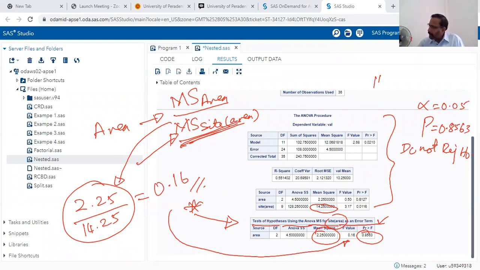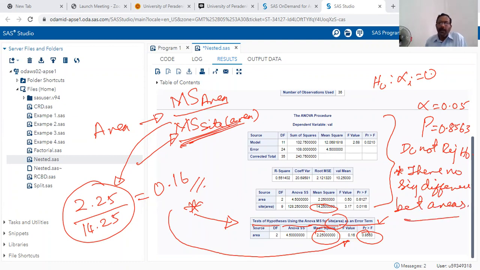What is my null hypothesis here? Alpha i is equal to 0. That means no difference among the areas. So ultimately, my result is there's no significant difference between areas.